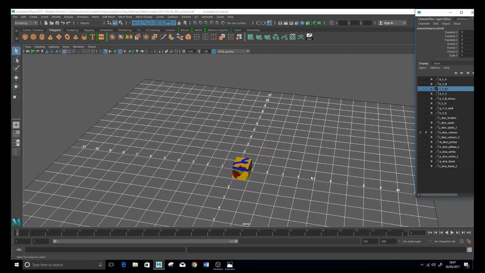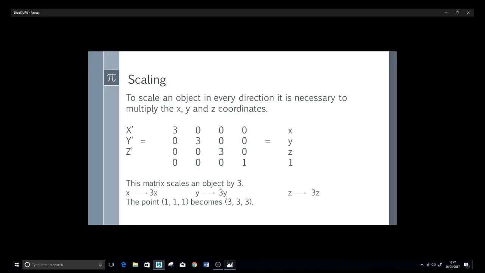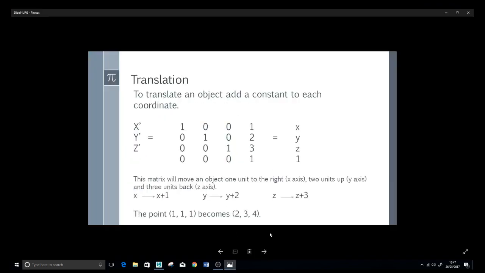Similarly, if we have this dice here or this cube, what we're going to do with this one is translate or move it. Where we had the 3s the last time, we have 1s because we're not going to change the size of it. x will end up being multiplied by 1, so it stays as x. 0 by y, 0y, 0z, 1 by 1 is 1.